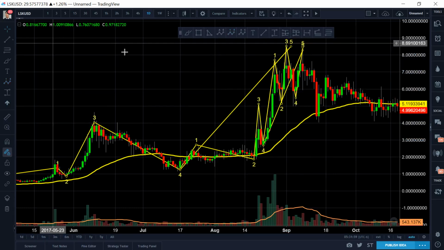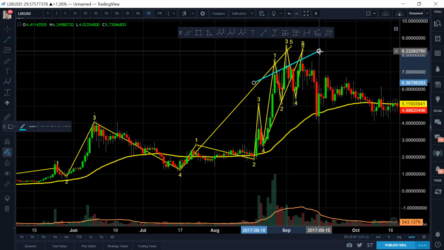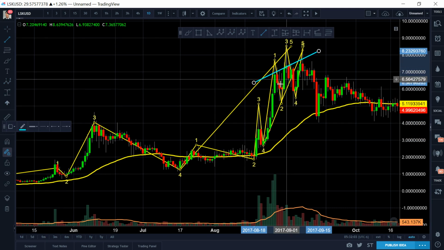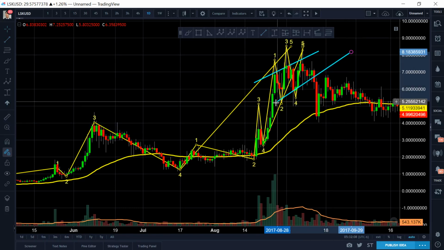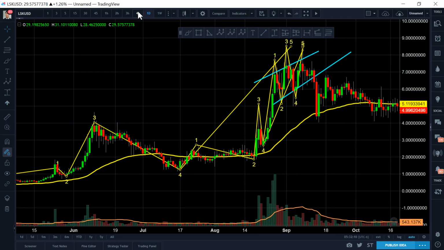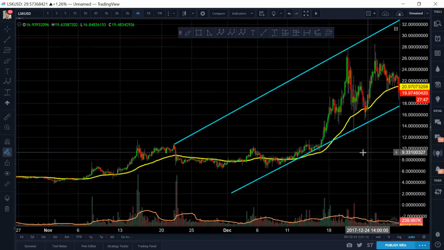You can kind of see the diagonal forming if we just look at the wicks, right? Kind of in that region right there. If you look on a different time frame, it would probably show very well.